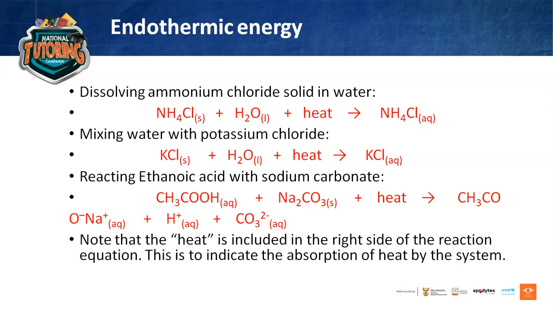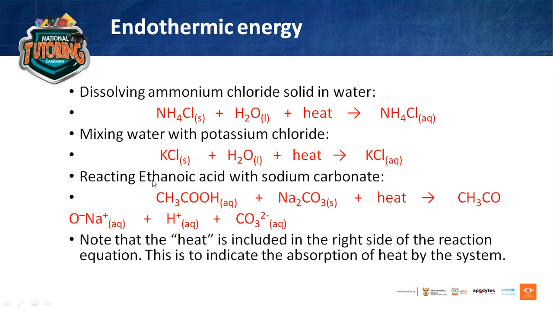So these are some of the examples that we can get of endothermic reactions. Dissolving ammonium chloride in water: what we'll have there is an equation of this nature, but it has the heat added to it and it gives you a product. Like I mentioned to you guys, every time you see a chemical equation where they say plus heat on your reactant side, then you know that this is an endothermic reaction.